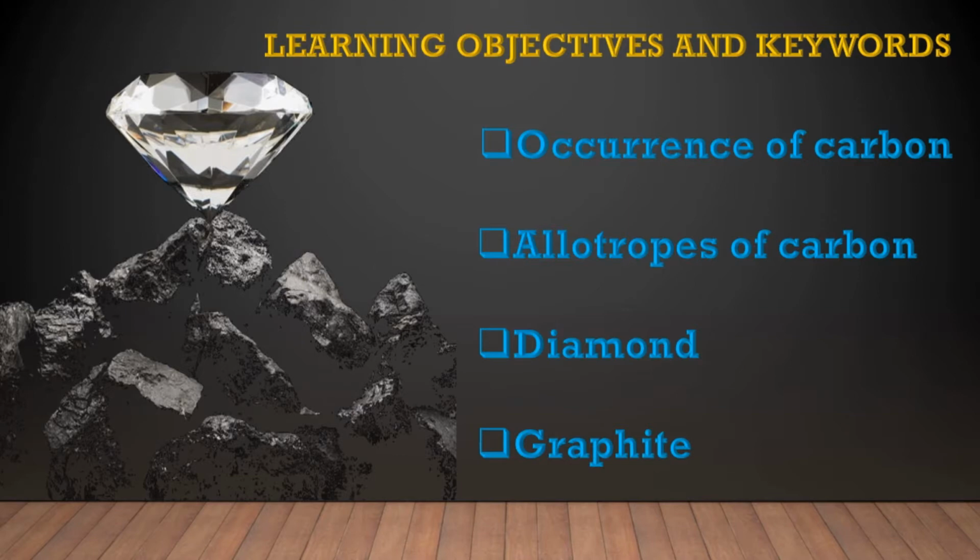Then we will learn the concept of allotropy and various allotropes of carbon. Under that, we will study two crystalline allotropes of carbon, that is diamond and graphite, in detail.